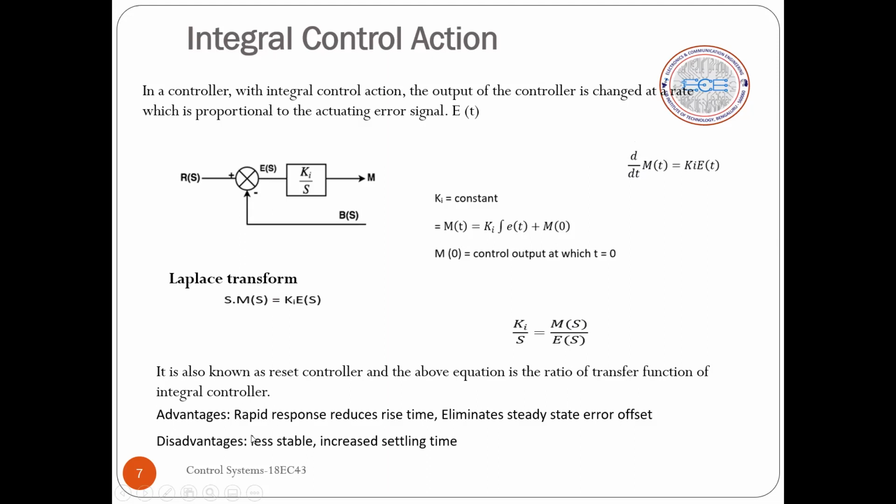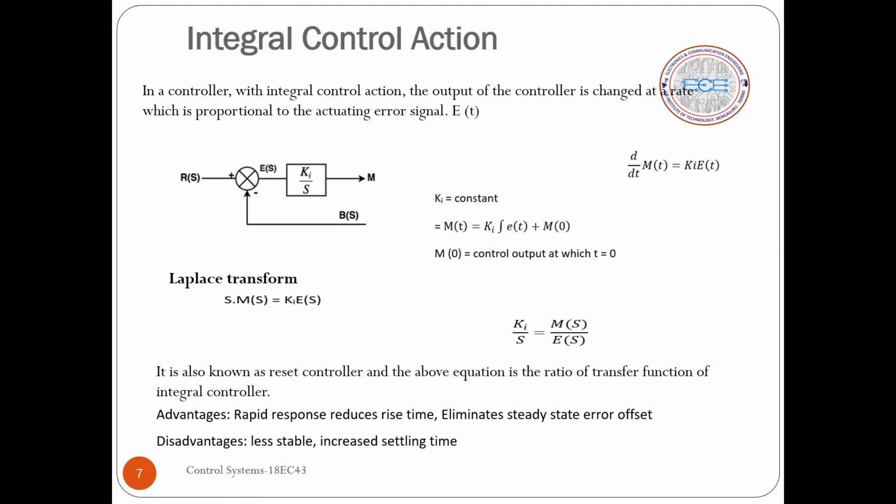Advantage: the rapid response, reducing the rise time, as we have seen in the proportional controller. You will find that the response is very fast. But we have a very interesting advantage: it eliminates the steady state error offset completely.